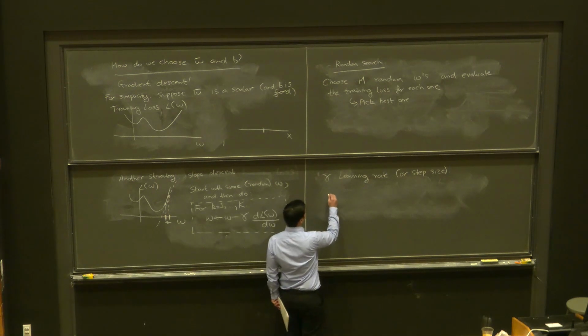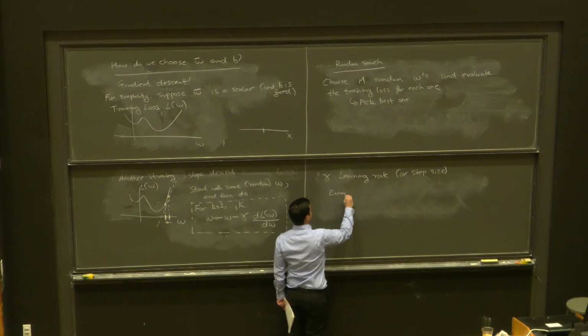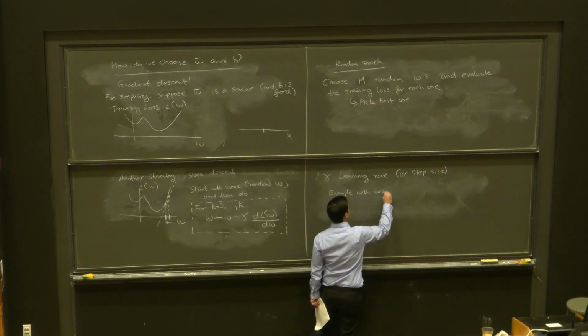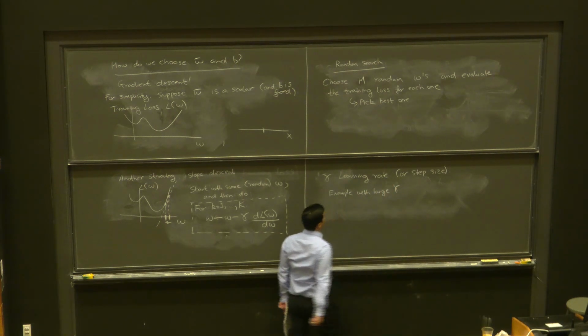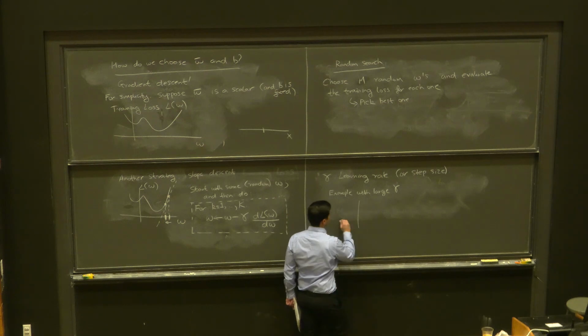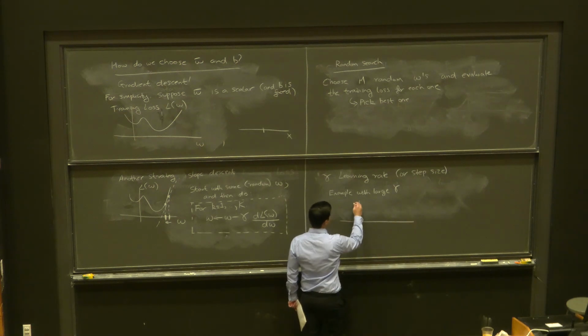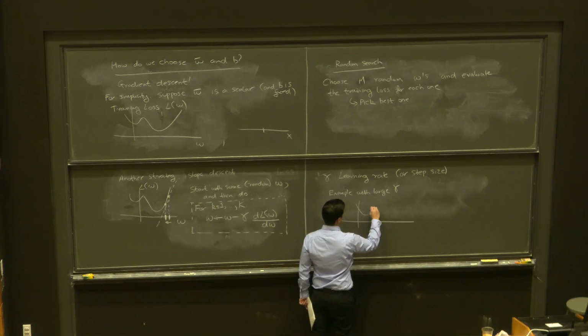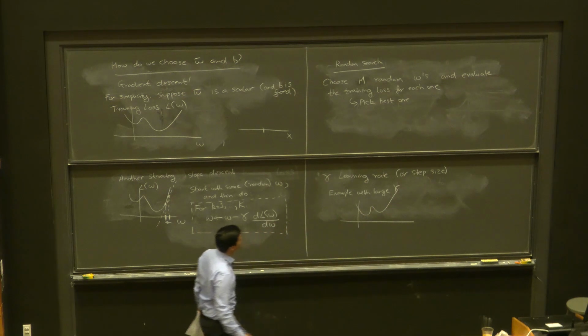So as an example, with large gamma, it could be something like this. I guess this is a reasonable example.